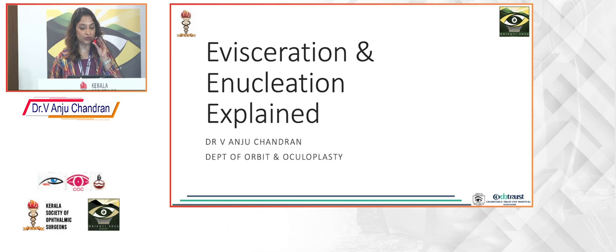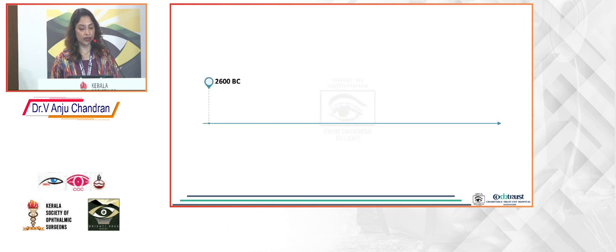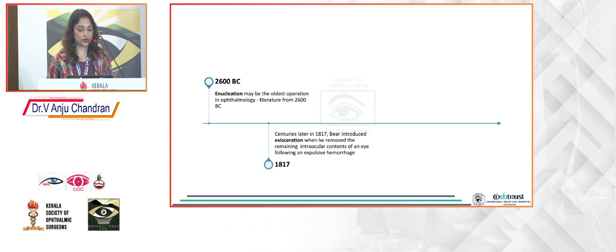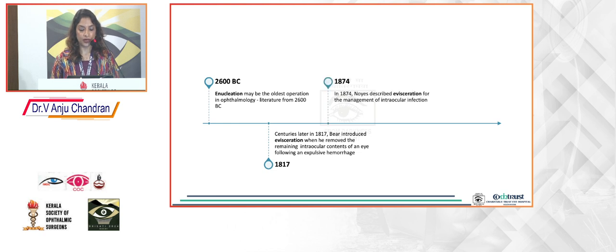We'll quickly run through evisceration and enucleation. Enucleation was the oldest surgery performed in ophthalmology, in 2600 BC. Later, in the 19th century, Baer introduced evisceration when he encountered an expulsive hemorrhage. Not very soon after, Noyes described evisceration for the management of intraocular infections.